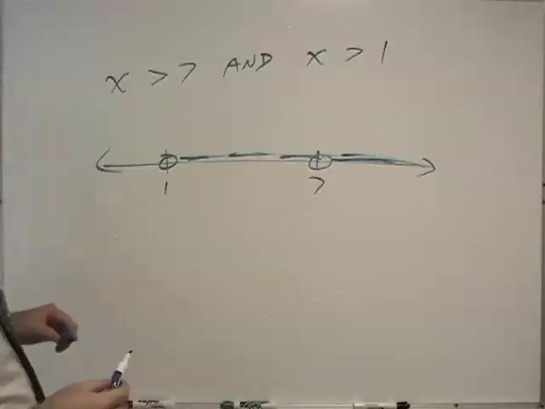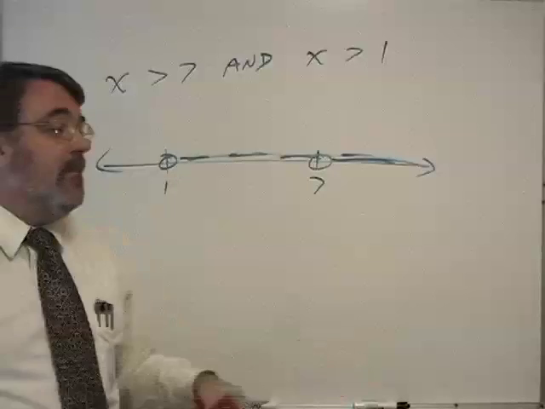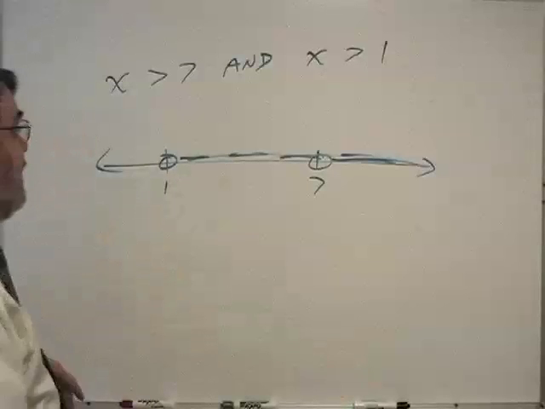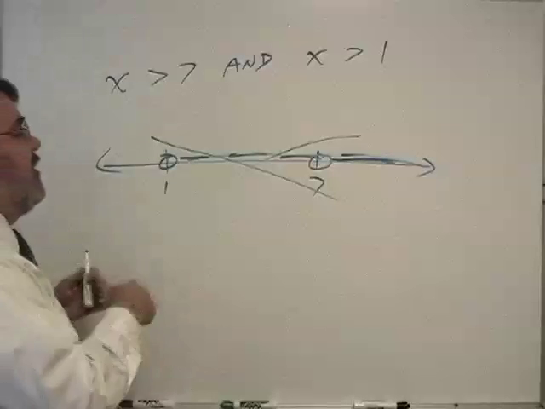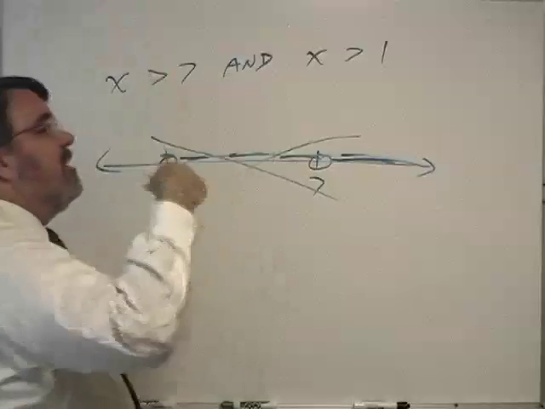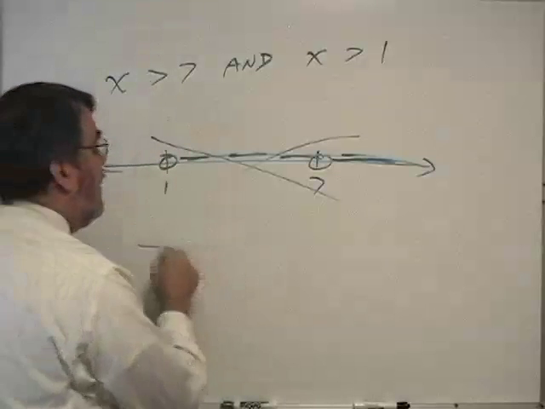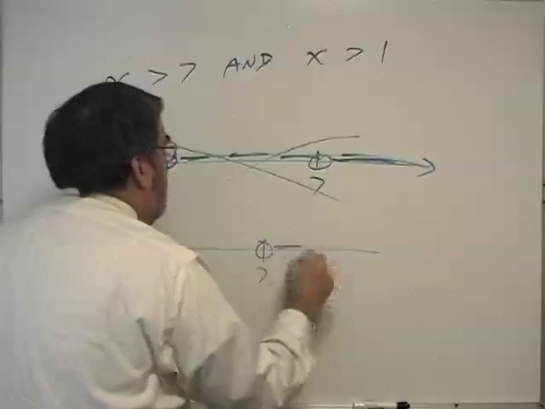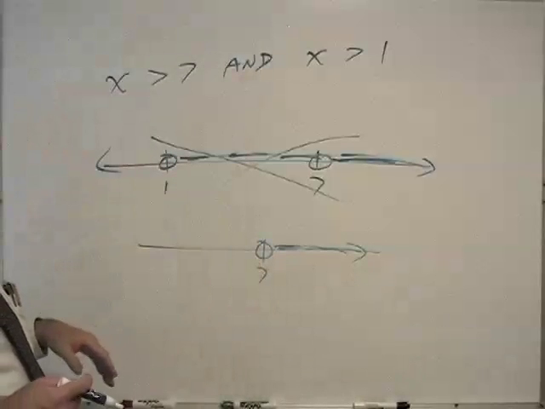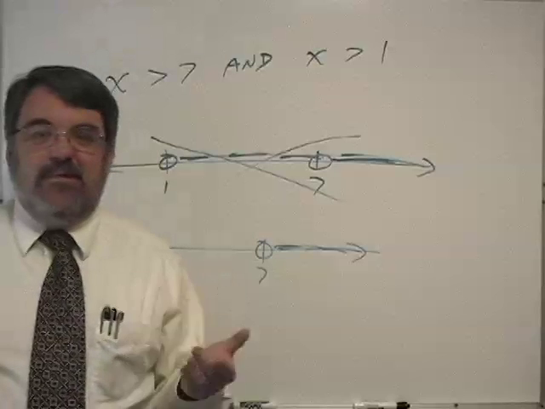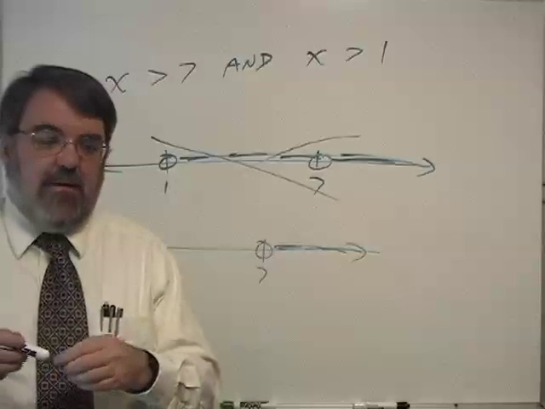And so, being an "and" statement, your solution has to satisfy both at the same time. Well, if that's the case, that drawing doesn't really depict what's happening, because the only numbers that are both greater than 7 and also greater than 1 at the same time are the numbers greater than 7. And so this is kind of a quirky inequality.